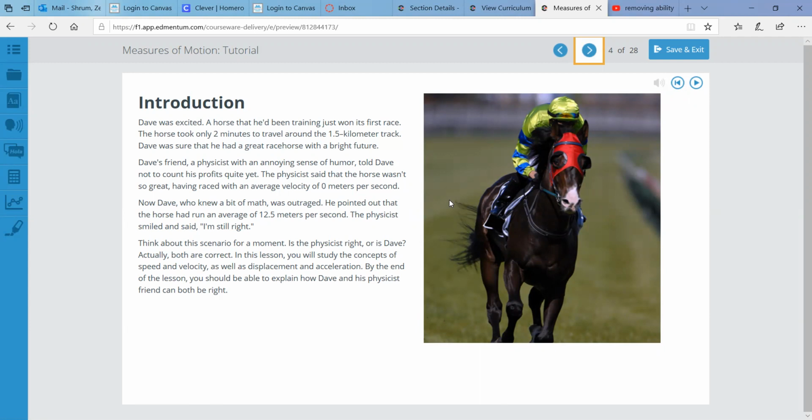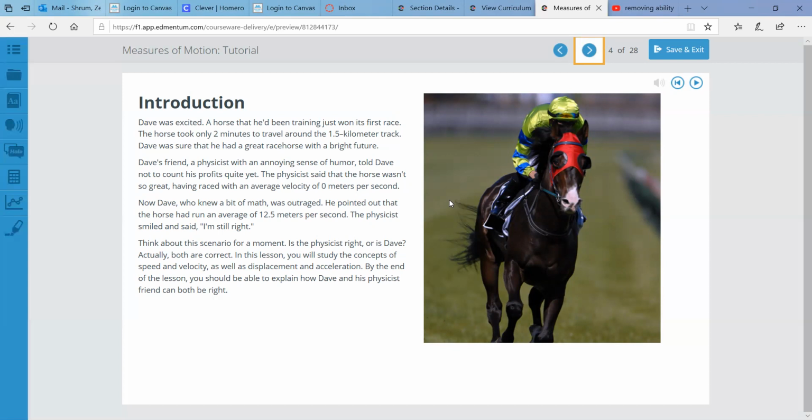Now Dave, who knew a bit of math, was outraged. He pointed out that the horse had run an average of 12.5 meters per second. The physicist smiled and said, "I'm still right." Think about the scenario for a moment. Is the physicist's friend right, or is Dave?